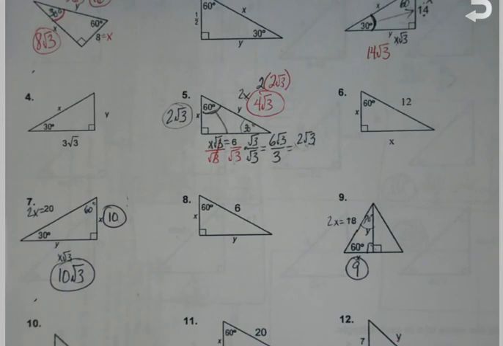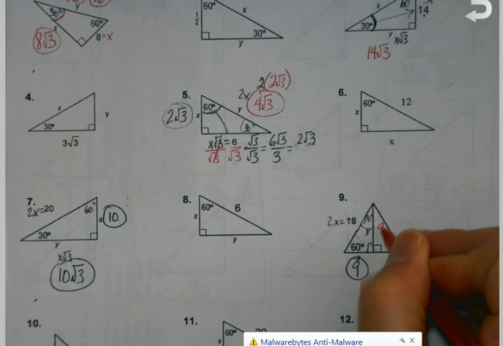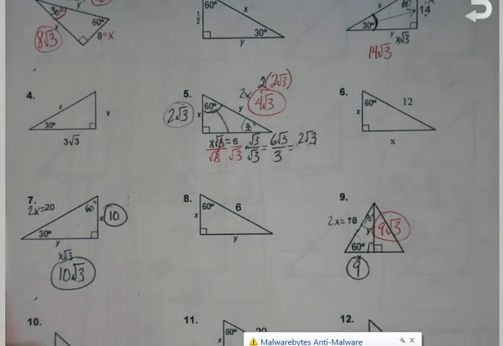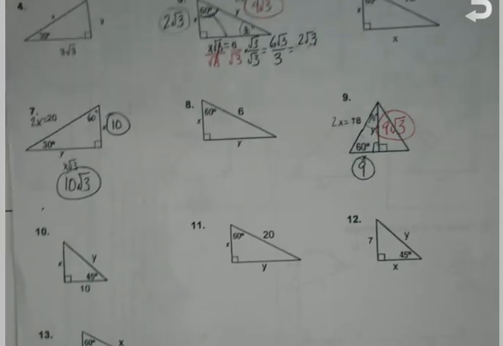So this guy is 9. And then my long side, always just that value with a square root of 3 on it. So my y, or my height of my triangle, would be 9 square root of 3. Patterns, patterns, patterns.